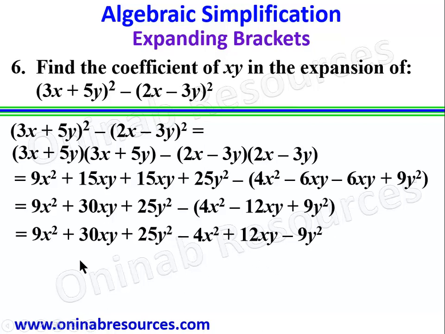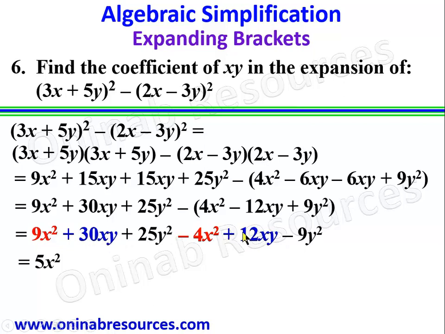We collect the like terms. This is 9x squared. This is negative 4x squared. They are like terms. So 9x squared minus 4x squared will give 5x squared. So we are done with those terms. And this is 30xy and this is 12xy. They are like terms.